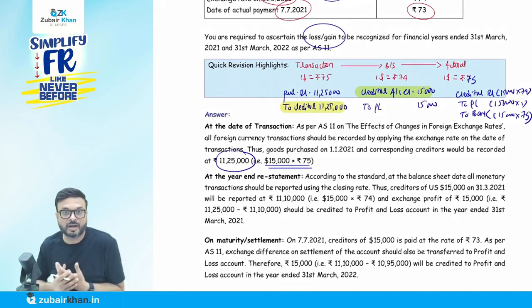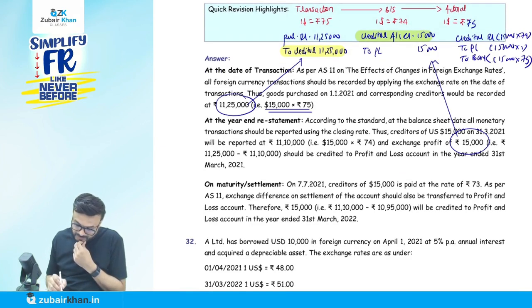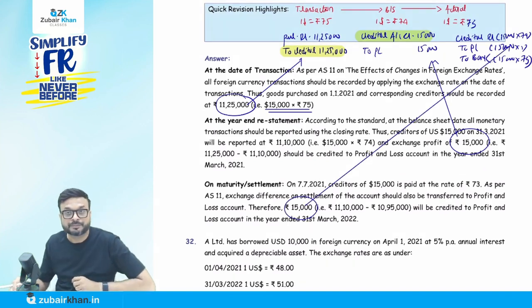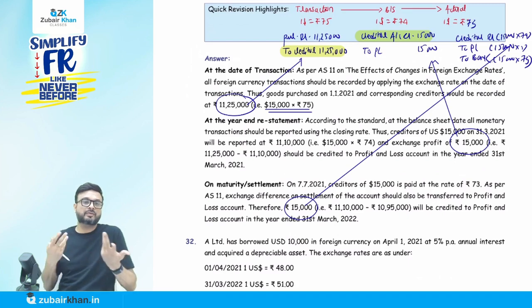So there is a gain of 15,000, and P&L account will be credited by this 15,000. This is how we initially record at the spot rate, then at the balance sheet date by closing rate, and on the date of payment at the actual rate.